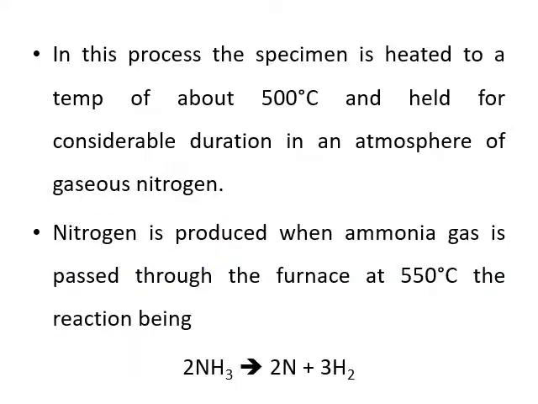So how exactly can we do that? The specimen is heated to a temperature of about 500 degrees Celsius and held for a considerable duration in an atmosphere of gaseous nitrogen. The gaseous atmosphere consists of ammonia, NH3. At 550 degrees Celsius, it will dissociate into 2N plus 3H2, that is nitrogen and hydrogen.